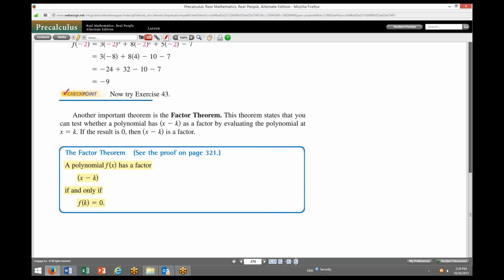So it has a factor x minus k if f of k equals 0, and also you can state that if it is true that f of k equals 0, then the polynomial also has a factor of x minus k. So it works both ways.